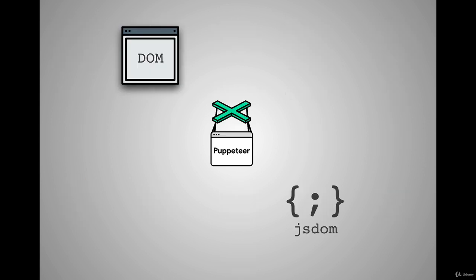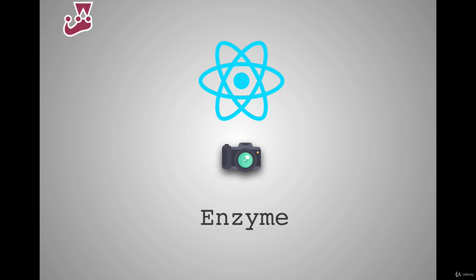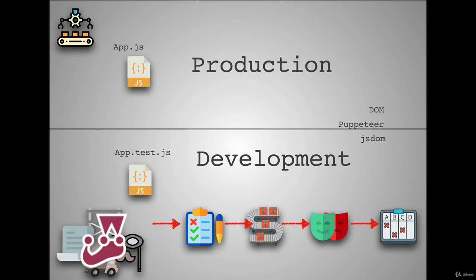We learned how tests can be run in different environments. And we also learned that React has enzyme and snapshot testing to really help us out with component rendering. They all made writing tests a lot simpler. Finally, we have a better idea of the testing environment.